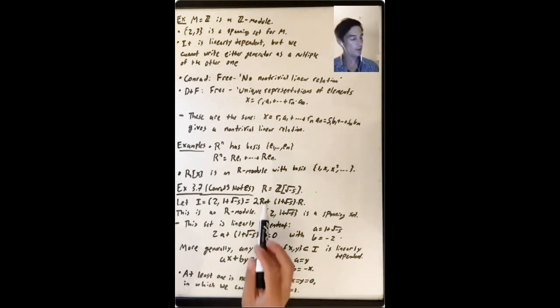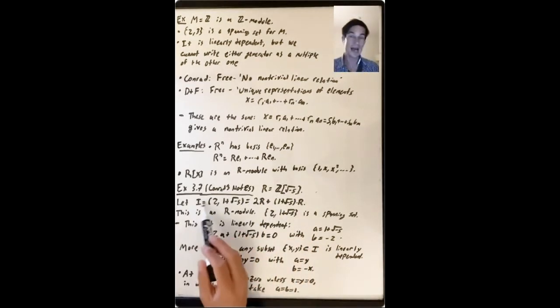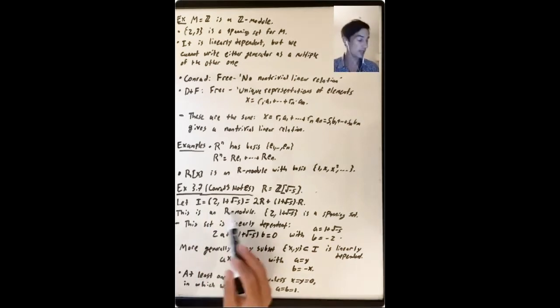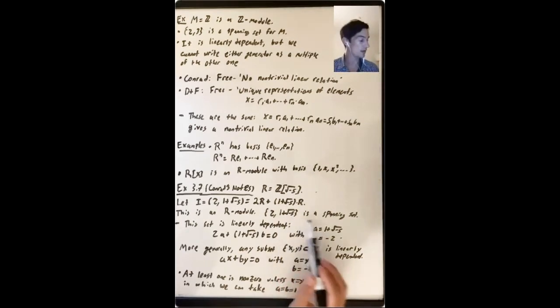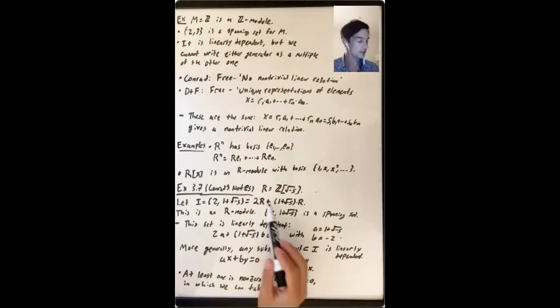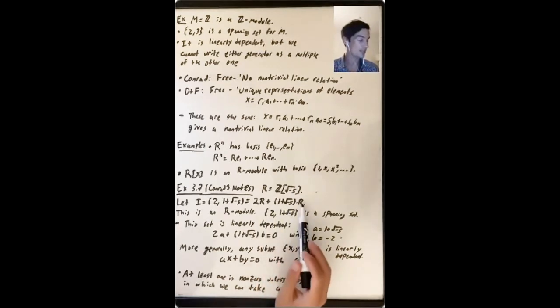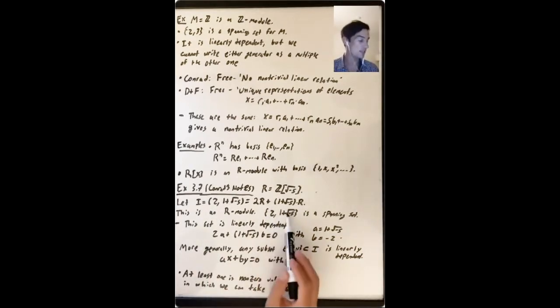One way to think about it is R is an R module over itself, and I is a submodule. So this really is an R module. And if you take the set 2 and 1 plus square root of -5, this is a spanning set. Why is that? Well, everything in this ideal can be written as 2 times something in the ring plus 1 plus square root of -5 times something in the ring. So everything in this ideal is an R linear combination of these two elements.